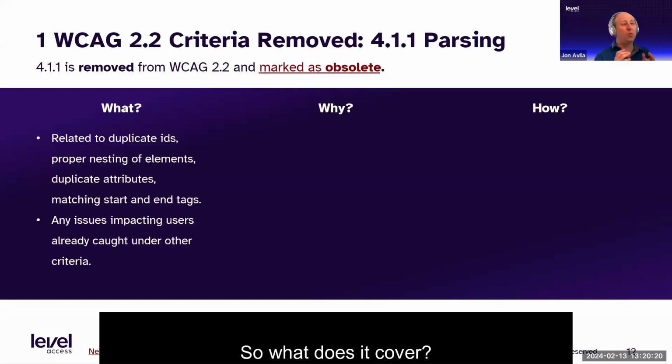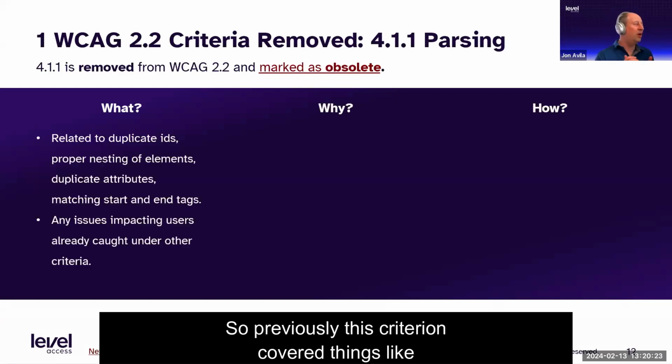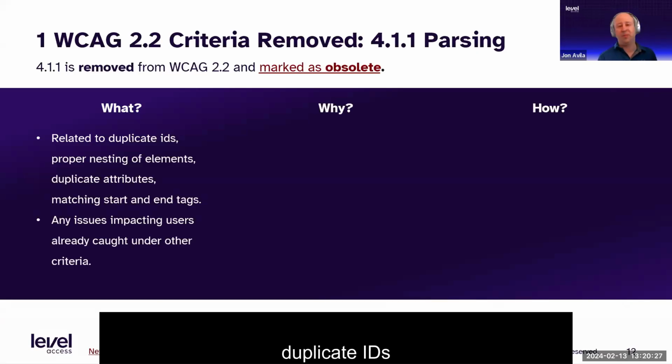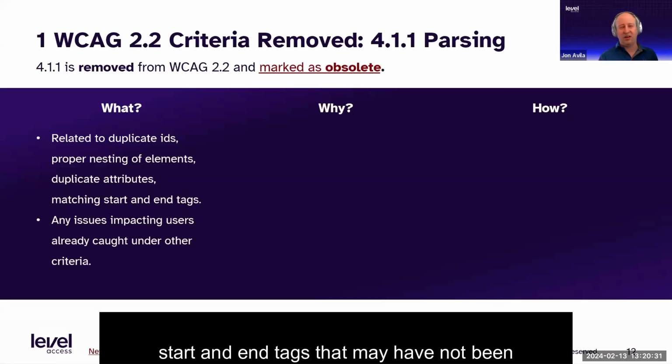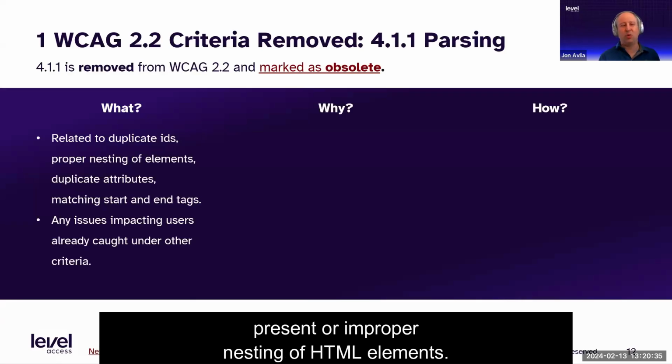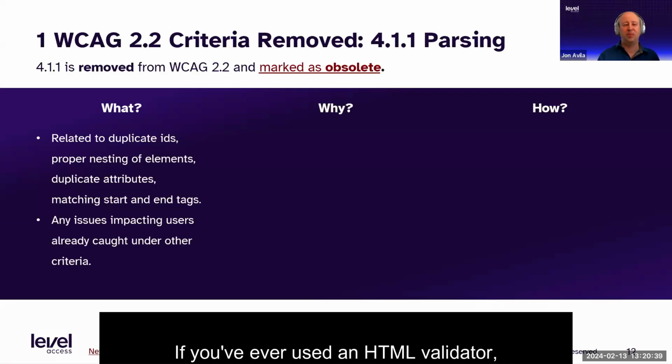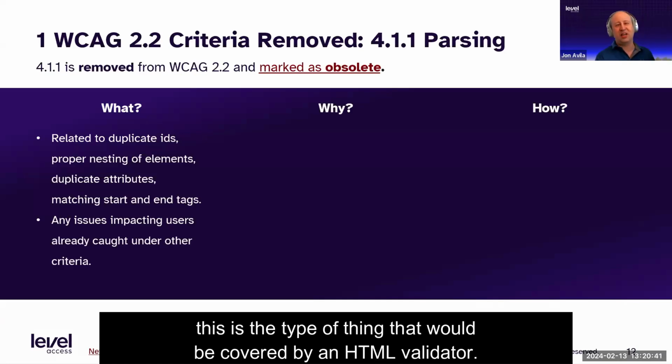So what does it cover? Previously, this criterion covered things like duplicate IDs, start and end tags that may not have been present, or improper nesting of HTML elements. If you've ever used an HTML validator, this is the type of thing that would be covered by an HTML validator.